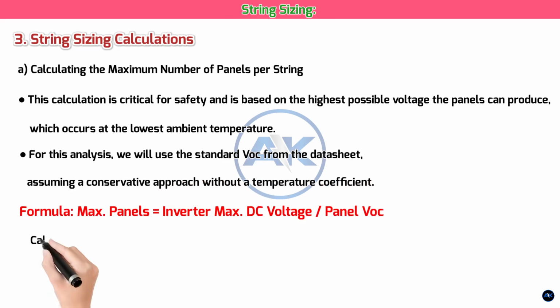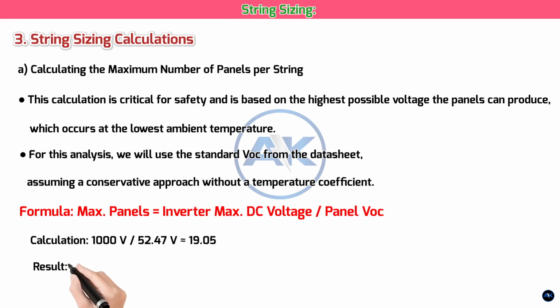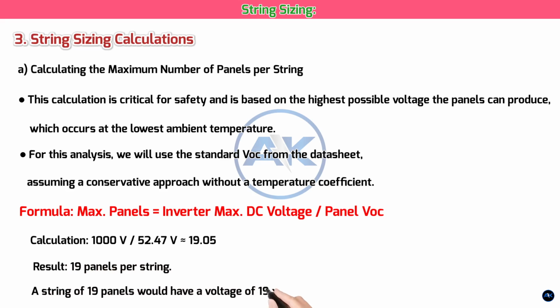Calculation: 1000 volts divided by 52.47 volts, approximately 19.05. You must always round down to the nearest whole number because you cannot have a fraction of a panel. Result: 19 panels per string. A string of 19 panels would have a voltage of 19 times 52.47 volts equals 996.93 volts, which is safely below the 1000 volt limit.